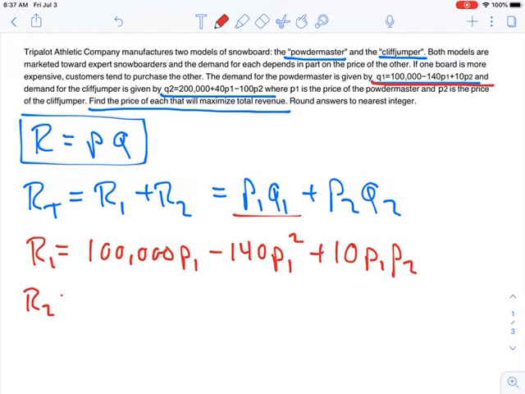Revenue for product number 2, which is the Cliff Jumper, we do the same thing. So we have 200,000 P2 plus 40 P1 P2 minus 100 P2 squared.